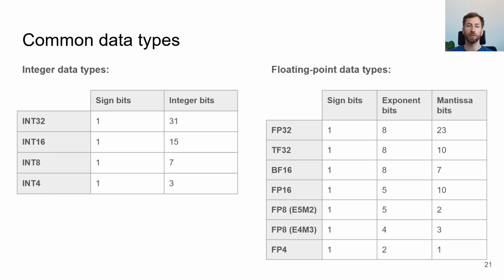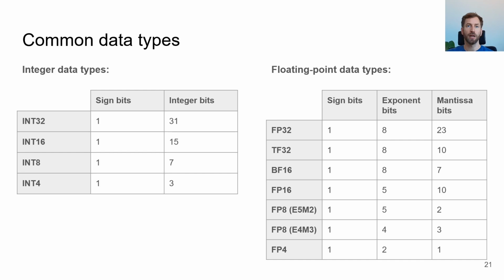If we reduce the number of mantissa bits, we end up with TensorFloat 32. It's a little bit confusing that it's called 32, it has only 19 bits. If we further reduce the number of mantissa bits, we end up with BrainFloat 16. If we then decrease the number of exponent bits, we end up at floating point 16. And we can further decrease the exponent and mantissa bits and go all the way down to FP4.